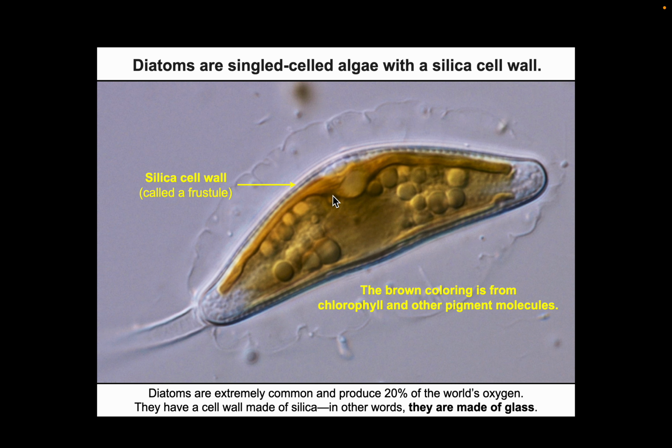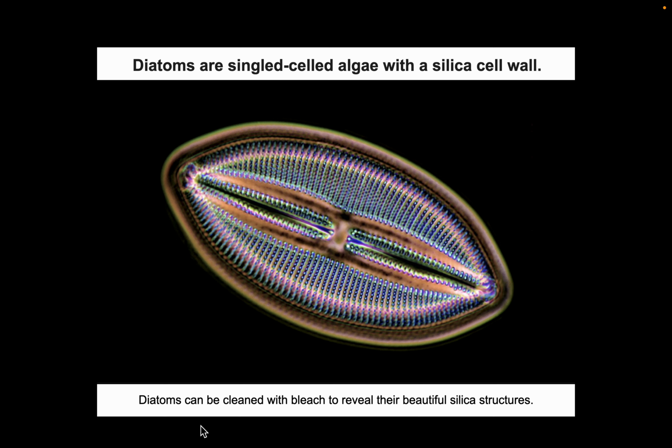Diatoms are single-celled algae with a silica cell wall called a frustule. The bright coloring is from chlorophyll and other pigments. They're extremely common and produce 20% of the world's oxygen. They have a cell wall made of silicon. In other words, they are made of glass. Very interesting. If you have a local pond, diatoms can be cleaned to reveal their beautiful silica structures.